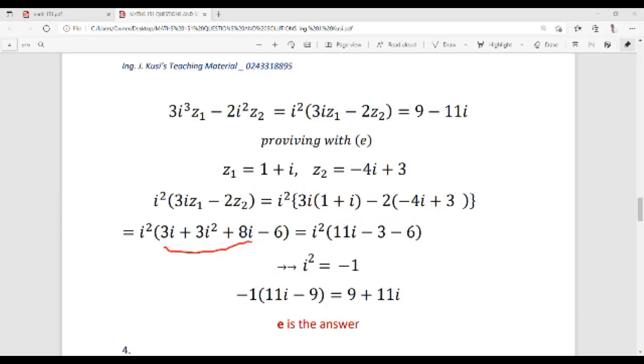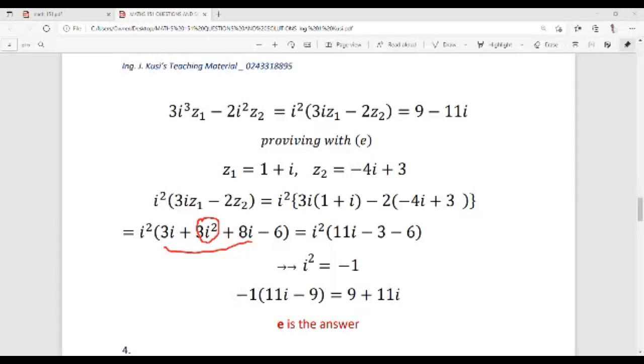So you look into it and see if you can do some addition, what we call grouping like things. So you see 3i plus 8i, this one is 11i. And 3i squared becomes minus what? Because i squared is minus 1. So minus 3.